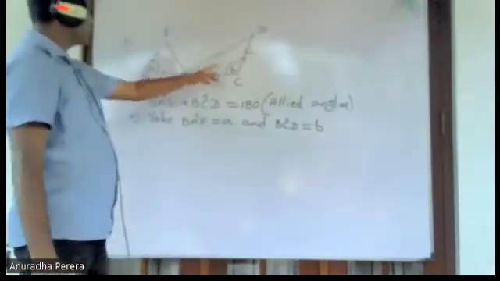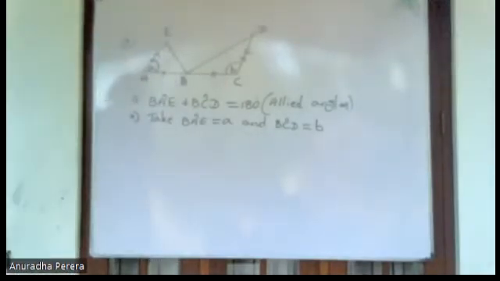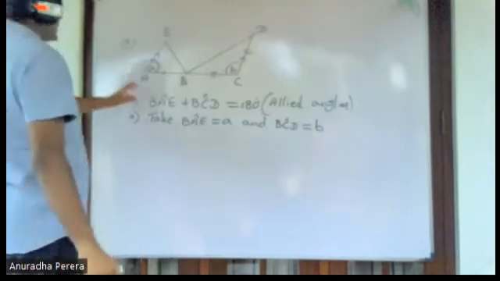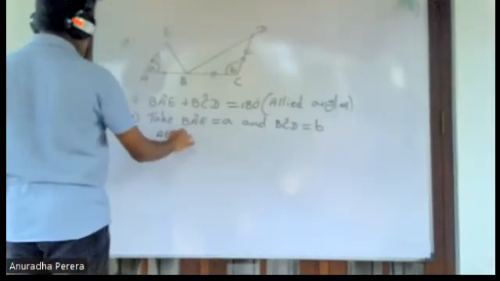You can take this one as A, this one as B. Right. Then we know AE equals AB.